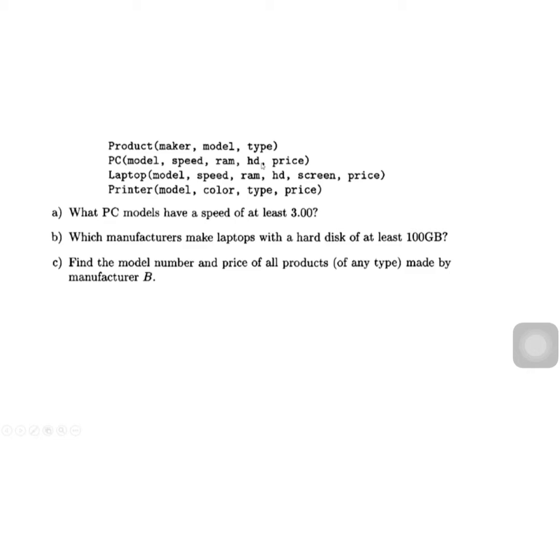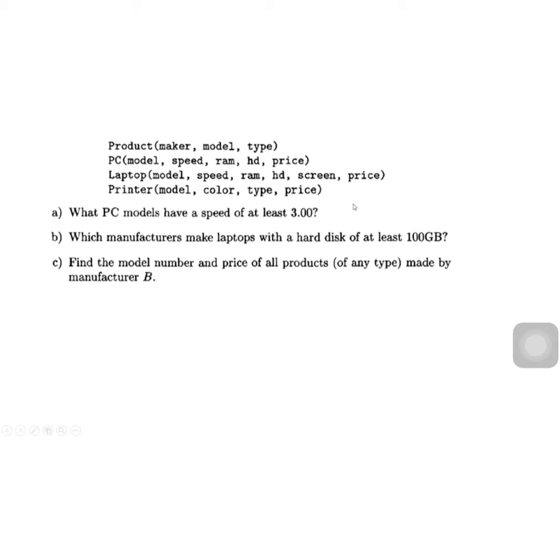So all the models and speeds of PCs are already stored in PC, and we can use PC to write the expression. From this query, we know the condition is that speed is at least 3.